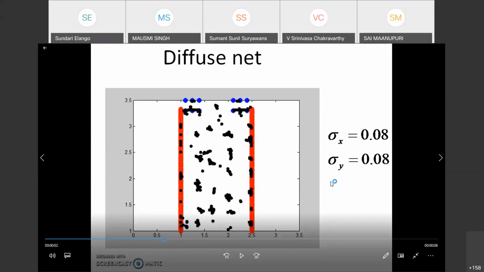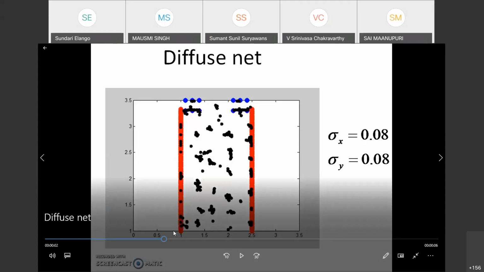So we are doing some kind of clustering of the data, but it is scale-based clustering. We try to cluster neurons at certain scale parameters. There is a scale in the horizontal direction and a scale in the vertical direction, given by these two parameters, sigma x and sigma y. I just tweak these two parameters and run this algorithm. So neurons are trying to get attracted towards each other.